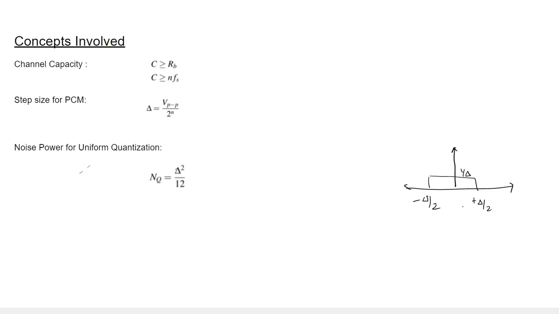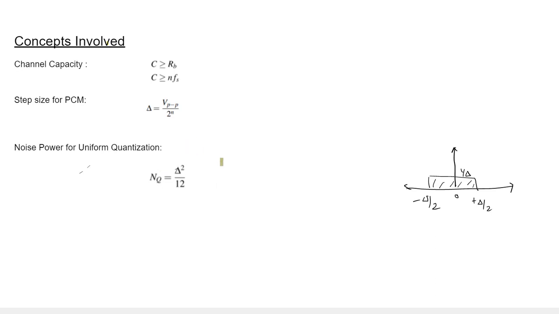We know that noise lies from minus delta by 2 to plus delta by 2. Since it is uniform quantization, the amplitude is 1 by delta. On solving for the variance of such a distribution, we find that the variance comes out to be delta square by 12 and the mean is 0. Hence, the noise power comes out to be delta square by 12.